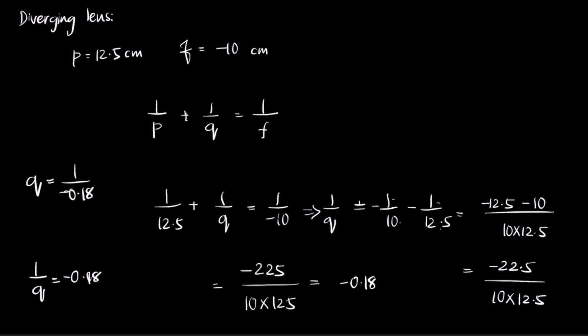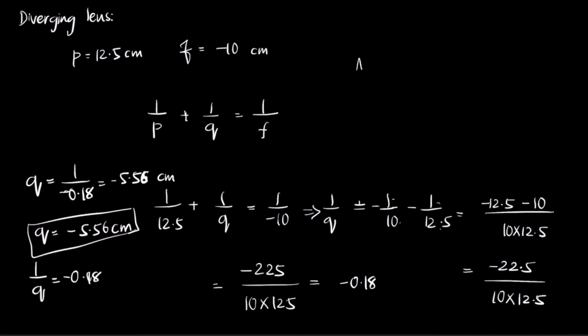So 1 divided by 0.18 becomes 5.55 centimeters. If you round it off, you get 5.56. So q is negative 5.56 centimeters. From this we can calculate the magnification factor, which is minus q by p.